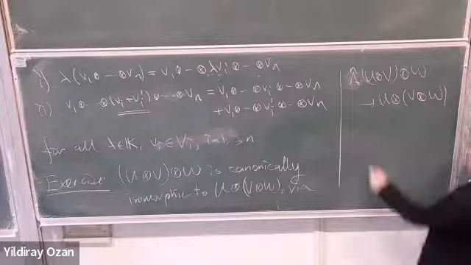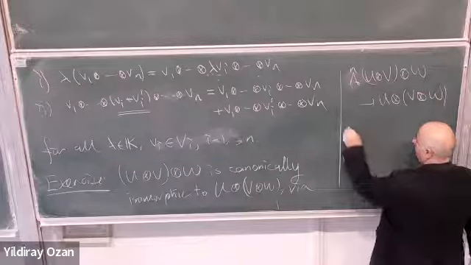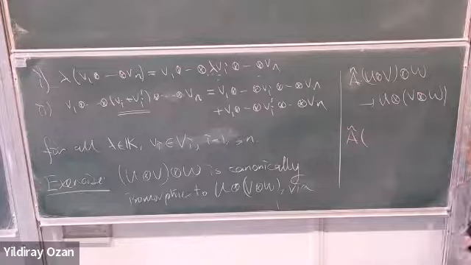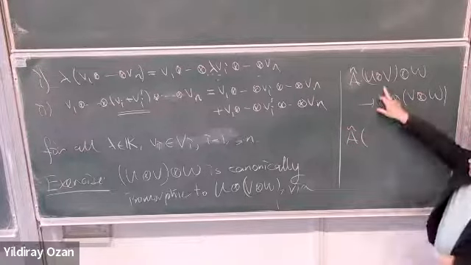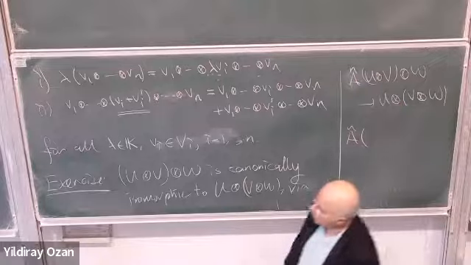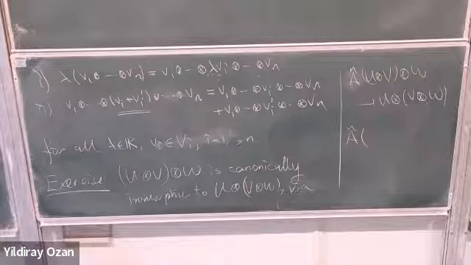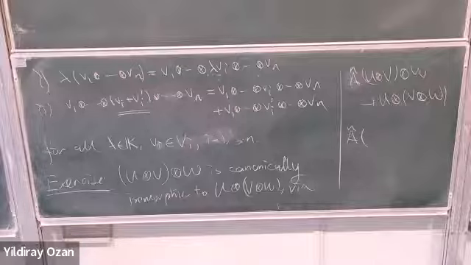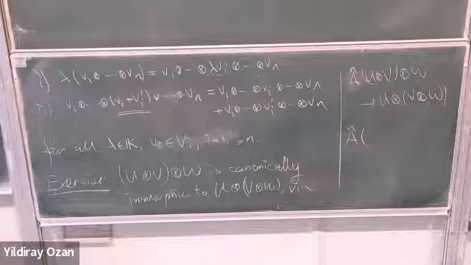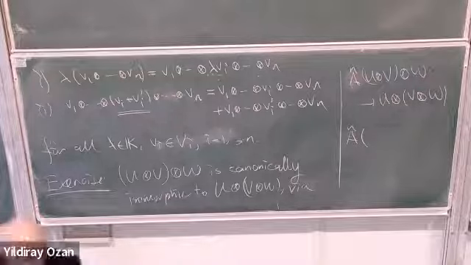I need to write an isomorphism, from (U tensor V) tensor W to U tensor V tensor W. I need to say what the image is. So, what's a typical element of this? Of course, I have to be careful here.